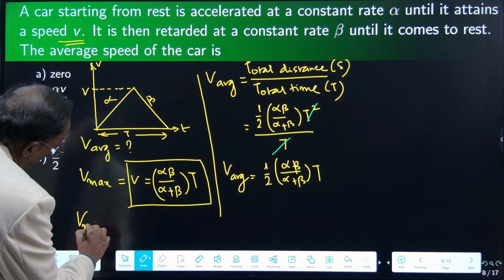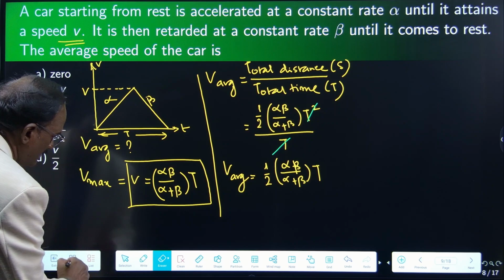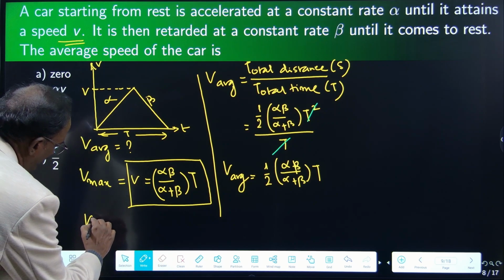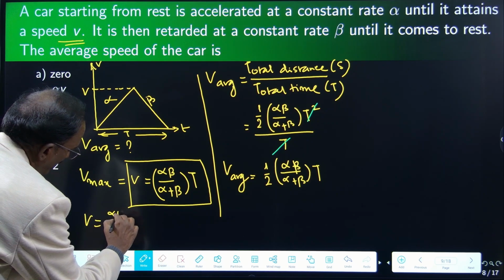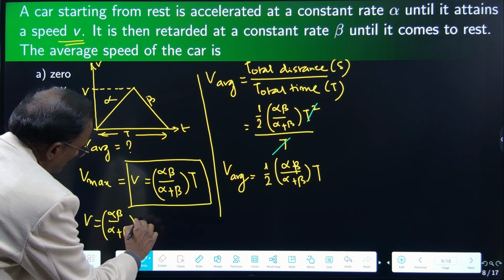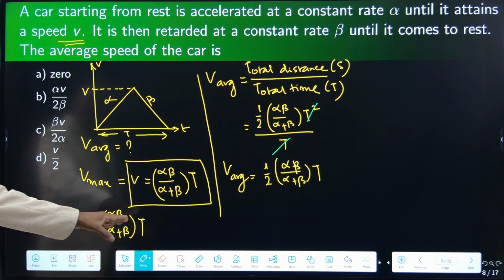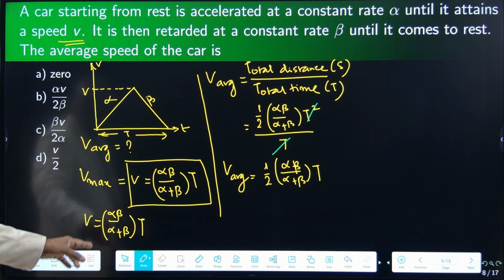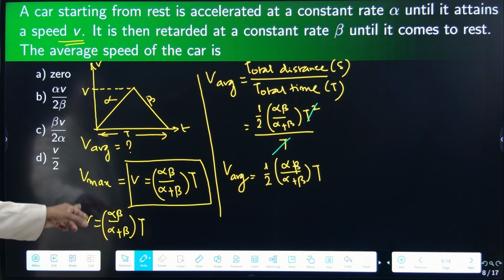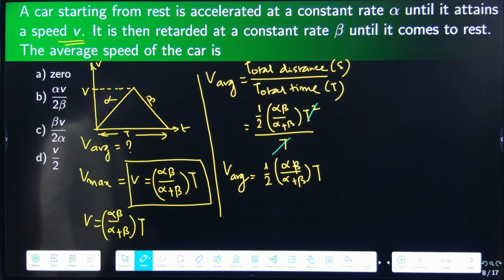V max is equal to, or V is equal to, combined acceleration alpha beta divided by alpha plus beta into t. This is one relation already we have got. So instead of t, we are going to substitute this value. V is available everywhere, so V we can use, right?